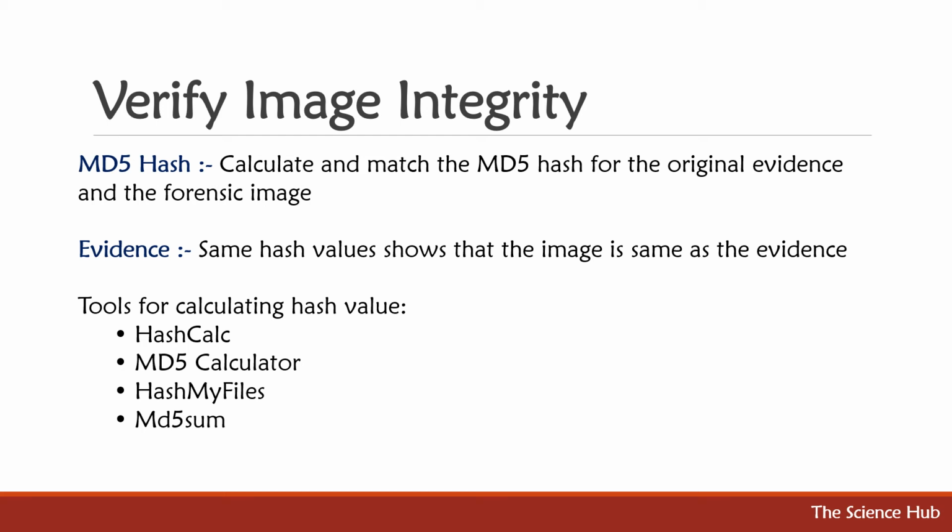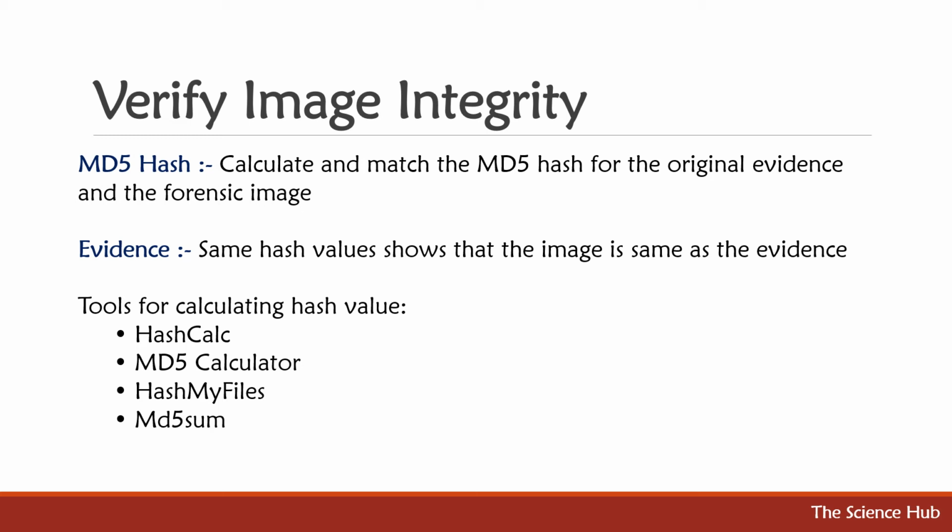Then verifying the image integrity. MD5 hash. Calculate and match the MD5 hash for the original evidence and the forensic evidence. Same hash values show the image is the same as the evidence.